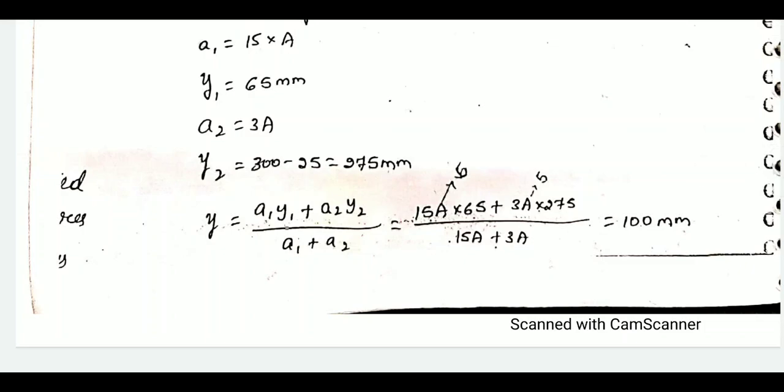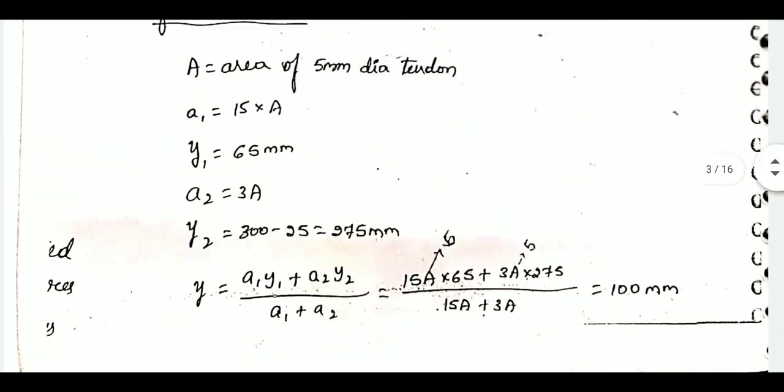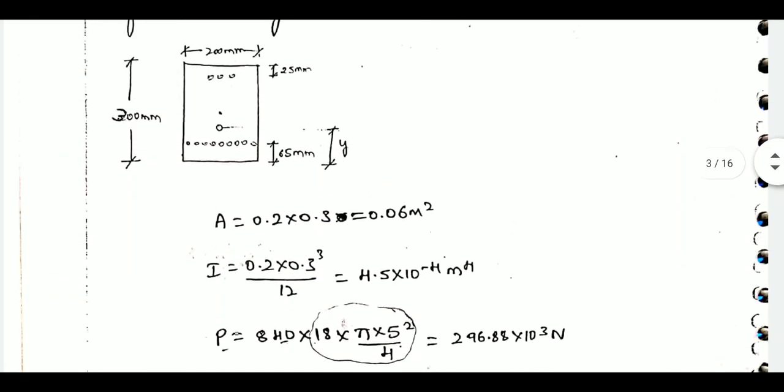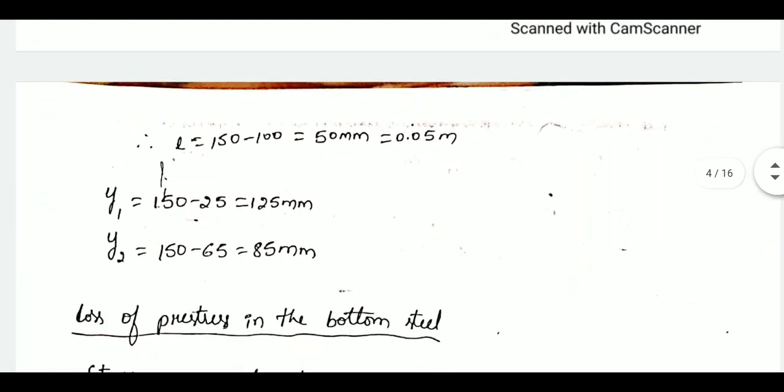Y is 100 mm. This Y is not in the formula. This is the centroidal distance of the 15 plus 3, 18 cables from the bottom of the beam. So the total depth of the beam is 300 mm and centroid will be 150. So 150 minus 100, we will get 50 mm as the eccentricity.